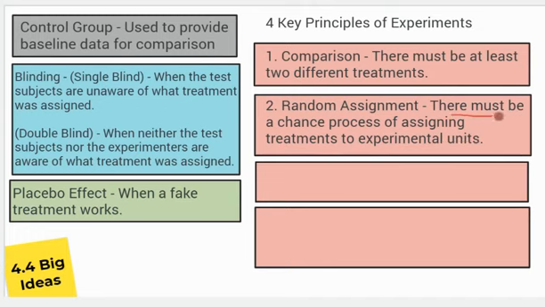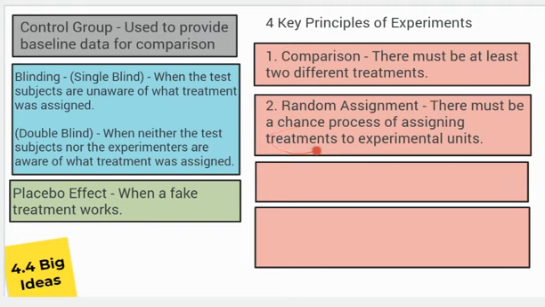So there must be a chance or random process of assigning the treatments to the experimental units. So in a survey, you randomly choose the people that you survey. But for an experiment, you don't randomly choose the people. Once you have the people or the test subjects or the experimental units, then you randomly assign the treatments to those experimental units.